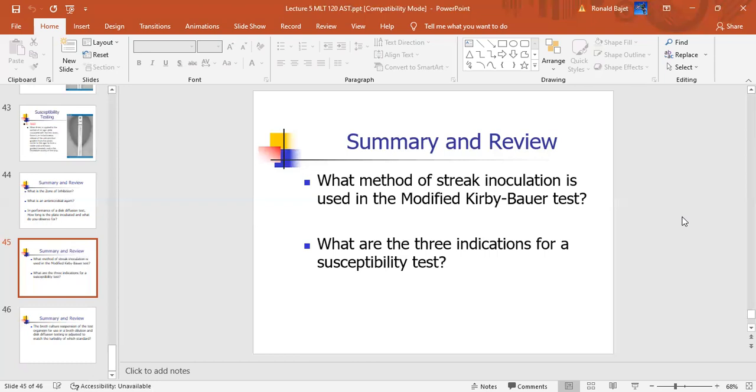If you see bright lemon yellow and tetrads, the only organism you need to be thinking about is what? Micrococcus, okay? It's not going to be Enterococcus, Streptococcus, or Staphylococcus, it's Micrococcus. So tetrads in bright lemon yellow is Micrococcus.